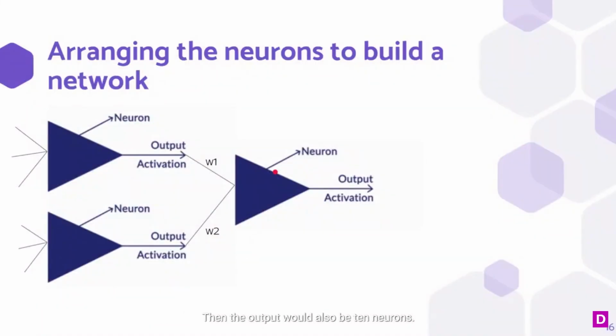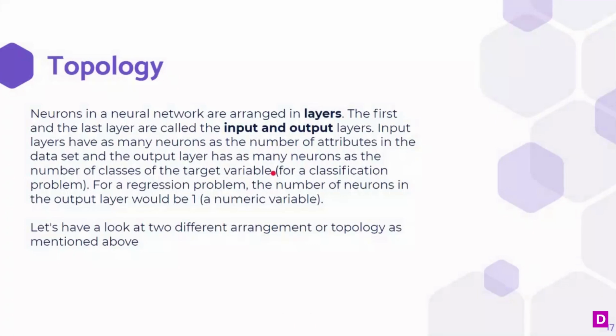Then the output would also be 10 neurons, right? It should classify each and every color into one of the classes. So if the number of input neurons equals the number of output neurons, then that would be the topology for a classification problem.